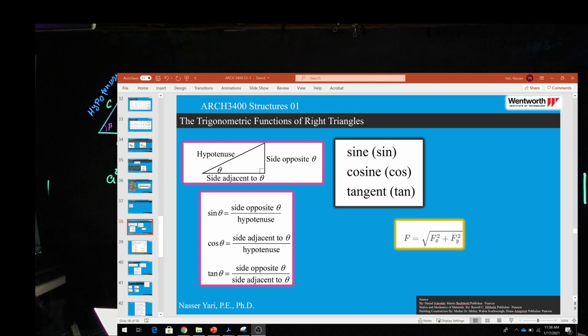Sine theta equals opposite divided by hypotenuse, and cosine theta is the adjacent side divided by hypotenuse. Tangent theta, which is used a lot, is the side opposite divided by the side adjacent. We will do a lot of examples to find out how we use these functions.